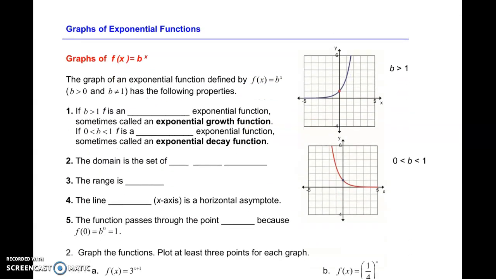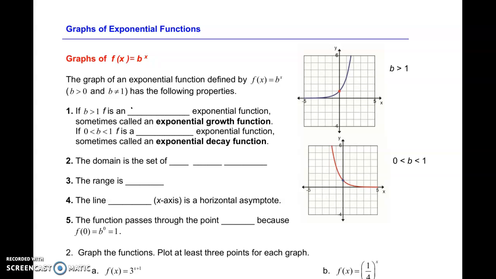Now let's go through the graphs of the exponential functions. So here is what the exponential function looks like. There's two possibilities. Either it has a slow growth and then rapid incline, or it has a rapid fall and then it slows down. And this happens if the base is greater than 1.